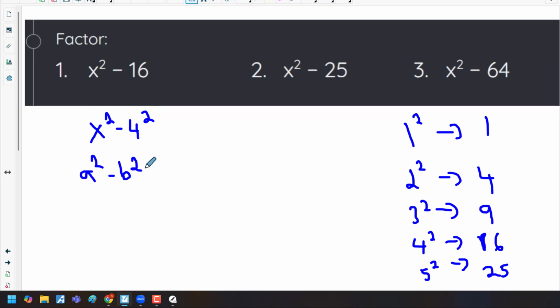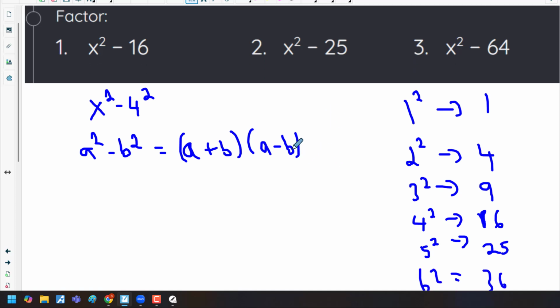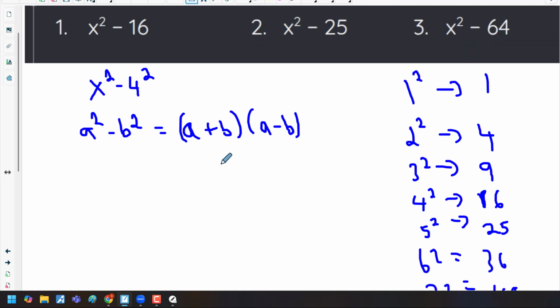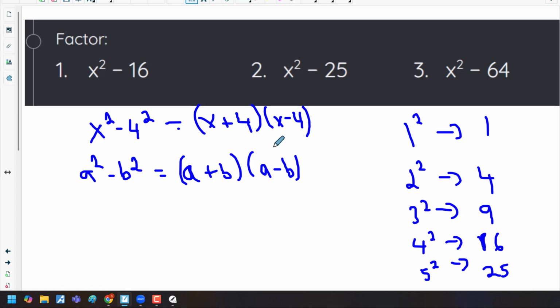So if my formula is a squared minus b squared is equal to a plus b times a minus b, I can very easily simplify this as, since my a value is x and my b value is 4, x plus 4, x minus 4. And that's how you factor this.